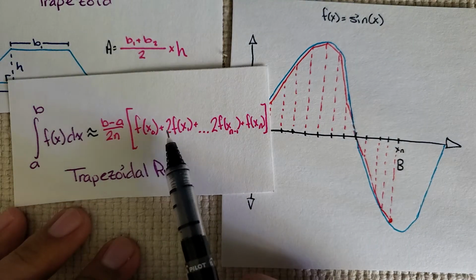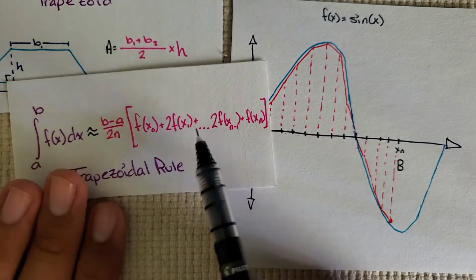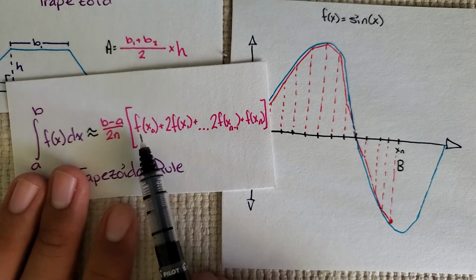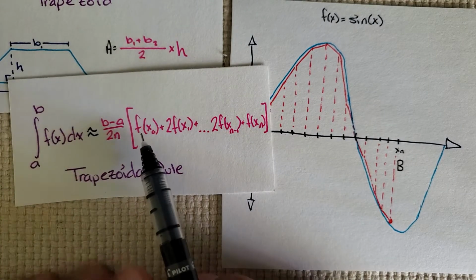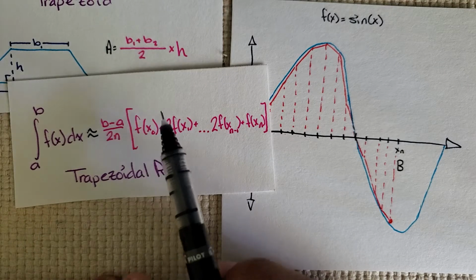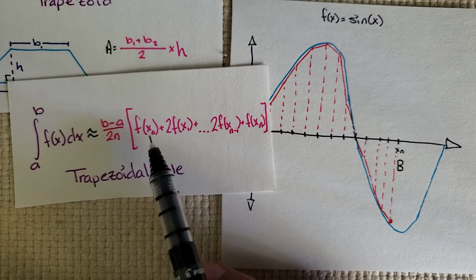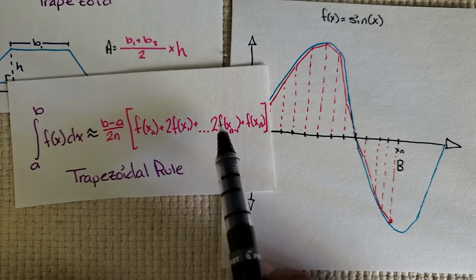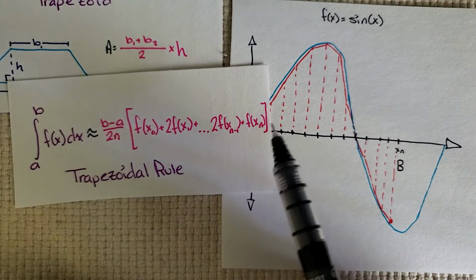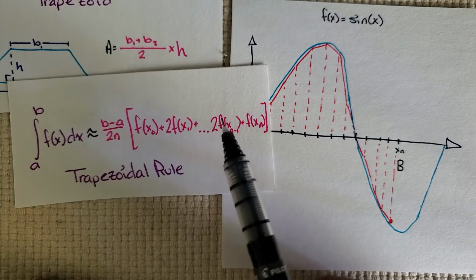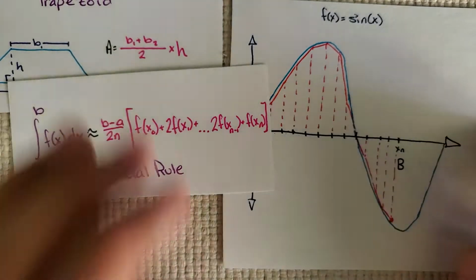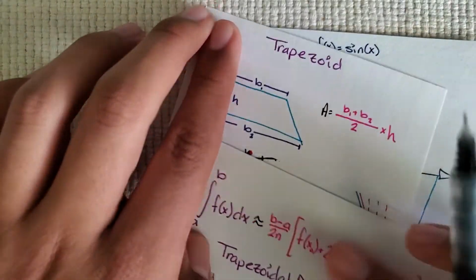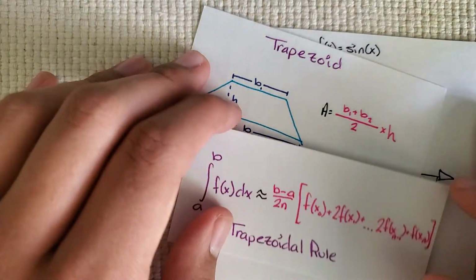And then over here, we're plugging in values for f of x for each value that we find. Now, one thing to observe here is that we initially just figure out that value, but then going on, we're going to multiply that value by 2, until we get to that last value, which we don't multiply anymore. Okay, and this is derived from the manipulation of that area right there.